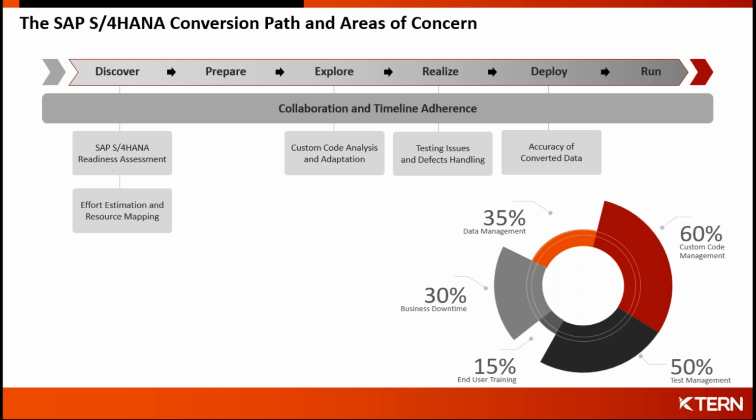As you can see on the screen, we had a survey of current ECC users about their move to S4HANA, and this is exactly what we got. Around 60% of them are concerned about their custom code management, which is obvious because there's a structure change, the application data layer changes, and we can expect the custom code taking the biggest hit because the investment of the current ECC enterprises goes into the customizations.